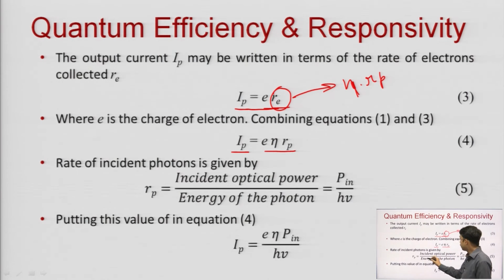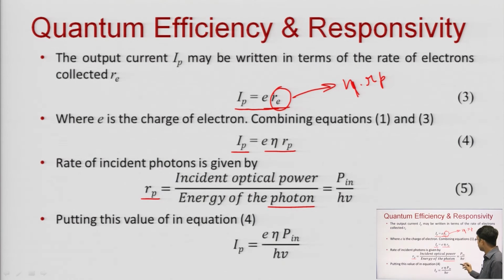Now, what is the rate of incident photons, Rp? It is the total incident optical power divided by the energy of a single photon. What is optical power? Energy incident per unit time, energy incident per second, and if we divide that by the energy of a single photon, we get the number of photons per unit time.